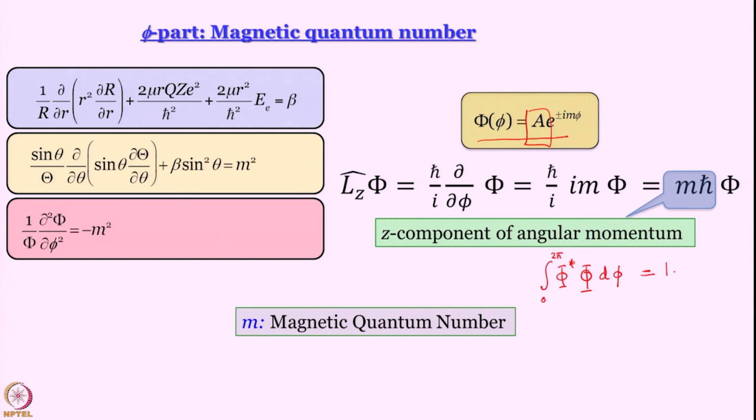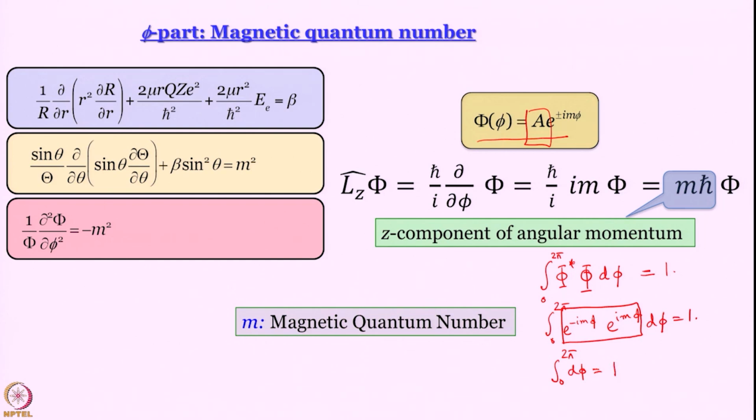Let us say capital Phi equal to e to the power i m phi. What is capital Phi star then? It is going to be e to the power minus i m phi, d phi equal to 1. Simple, multiply this you get 1. So, you get integral 0 to 2 pi d phi equal to 1.